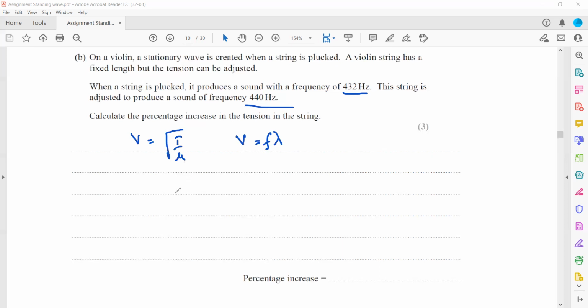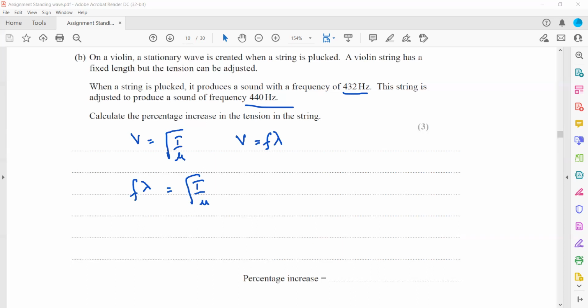So when we compare these two equations, we can say that frequency times wavelength equals under root T divided by mu. We just want to change the frequency. So what tension should be there, if we keep the wavelength the same?